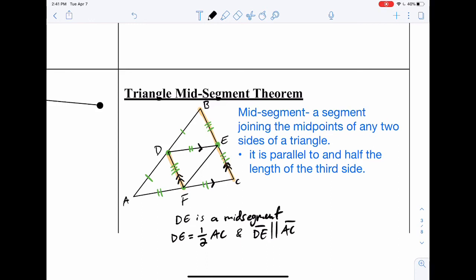Go ahead and add the tick marks and the parallel arrows to side EF.